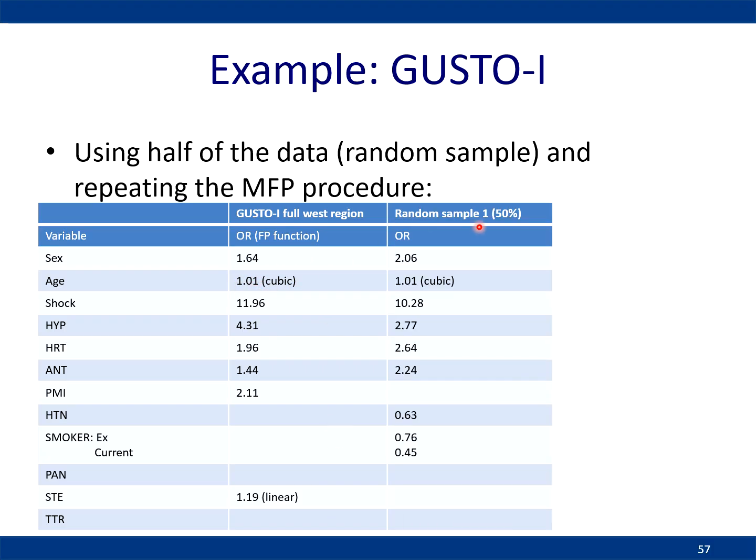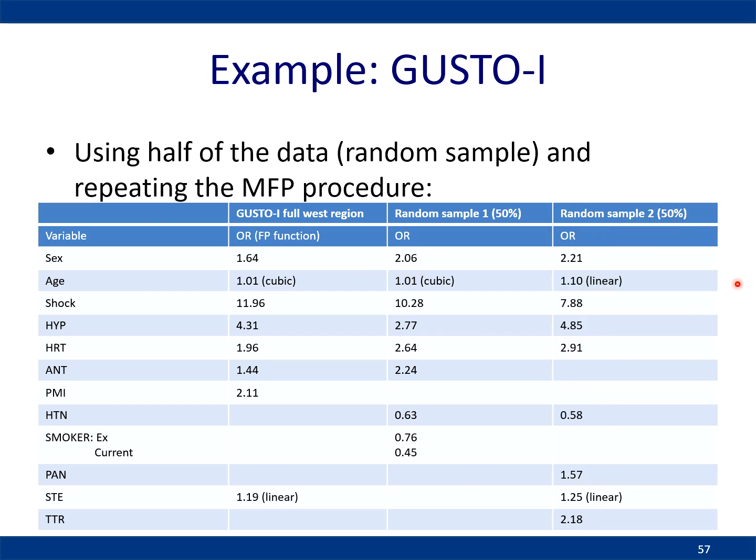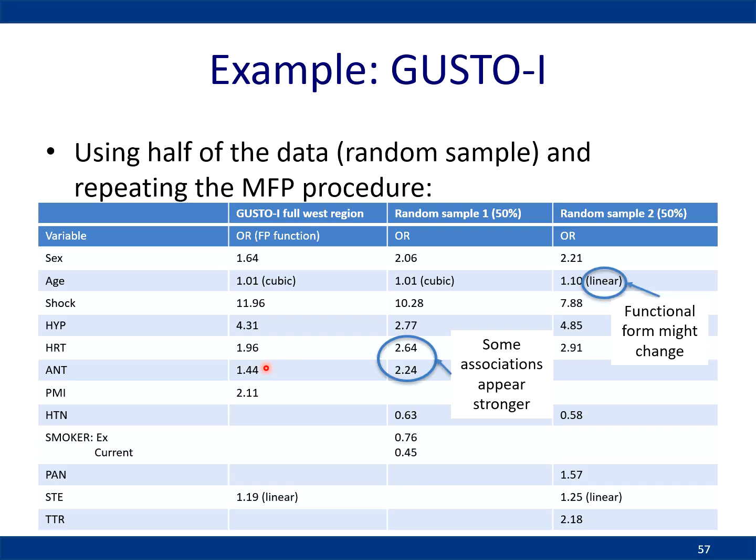If we had to take a random sample of half that size, we might still get the cubic function, but now we can see that, for example, sex, the effect looks much larger. If we had to take a different random sample, we might see something very different as well. So here we can see that some associations appear much stronger than the original model in the full amount of data. And on the other hand, the functional form might change as well.